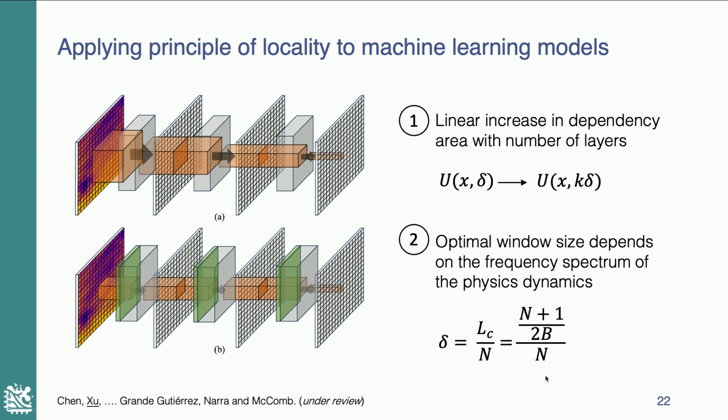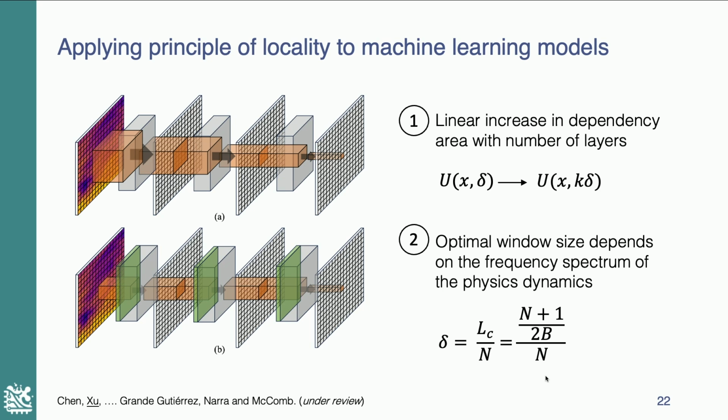The two main takeaways from this initial approach to decompose the domain were that we see a linear increase: as you increase the area, you will need to linearly increase the number of layers too. So there's always going to be a coupling between the number of layers you need in your network and that area. But it is also very important how you choose that area.